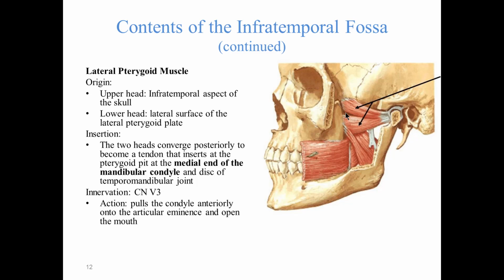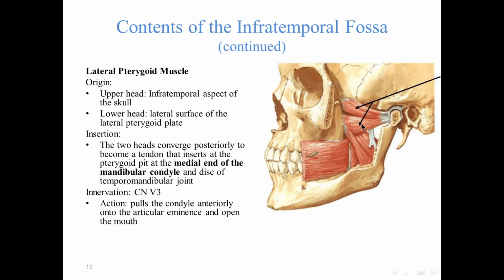converge and pass backward and laterally to be inserted into a depression on the front of the neck of the mandible. This muscle is a masticatory muscle and innervated by the mandibular nerve.